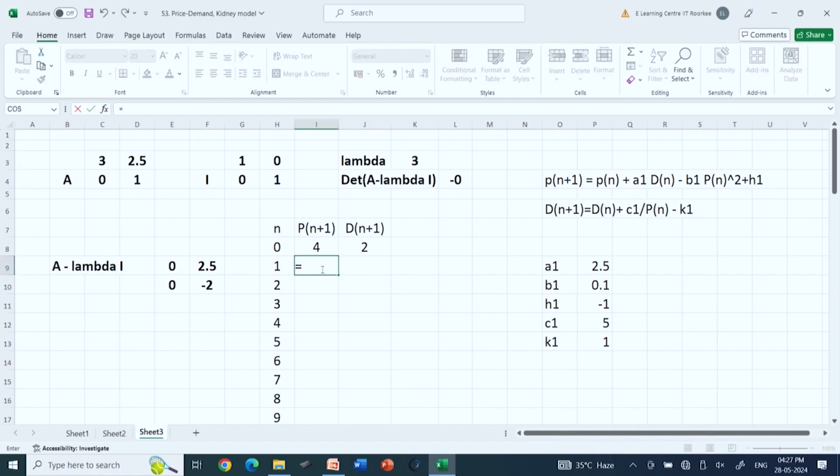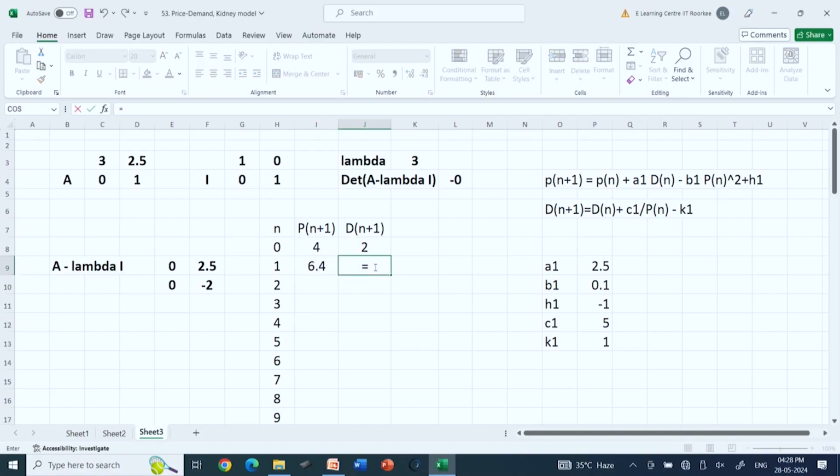So this is equal to Pn, which is this value, plus A1, which is 2.5, times Dn, which is this value, minus B1, which is 0.1, times Pn square, plus H1, which is minus 1.